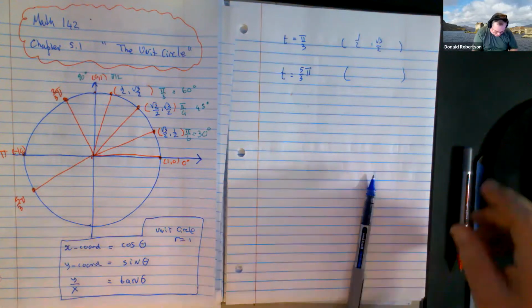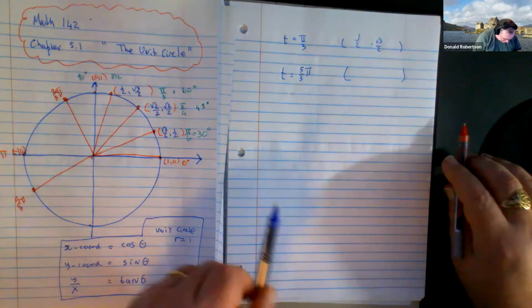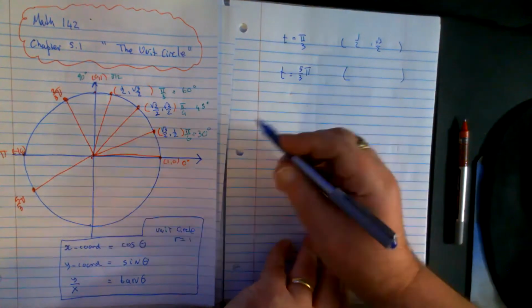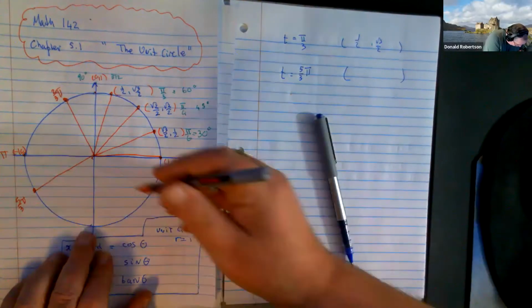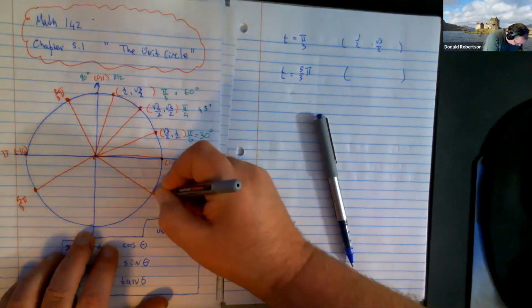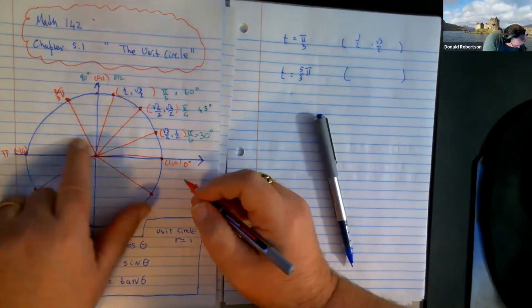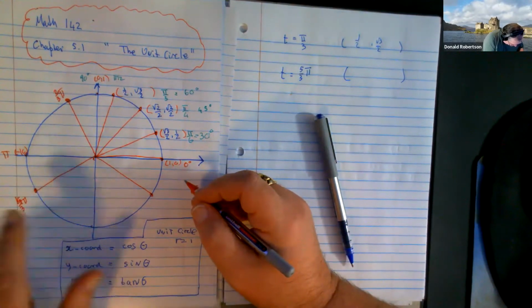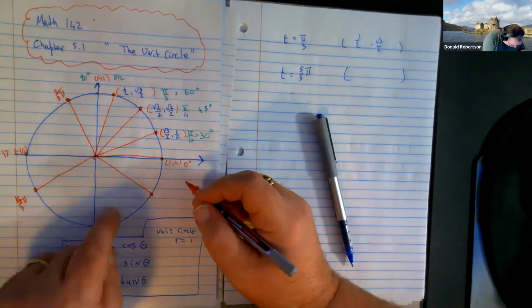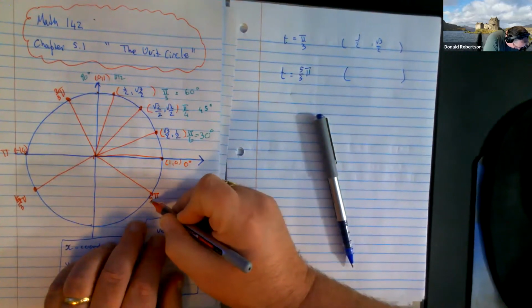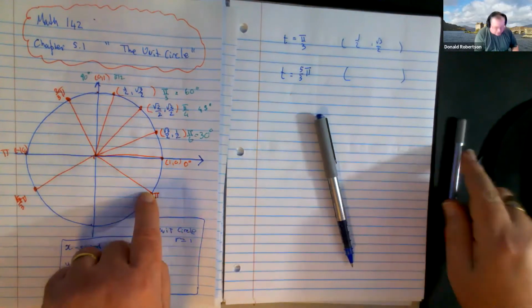What is the terminal point for 5 pi/3? 5 pi/3 is in quadrant 4. Oh, I can't draw. So what's that one? Oh, that one's going to be 4 pi/3. Okay, let's check that. 3 pi/3, 4 pi/3, 5 pi/3, 6 pi/3. Yes, you're right. Okay, what's the coordinates of that guy?